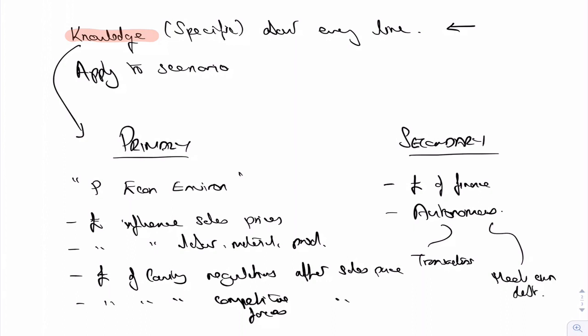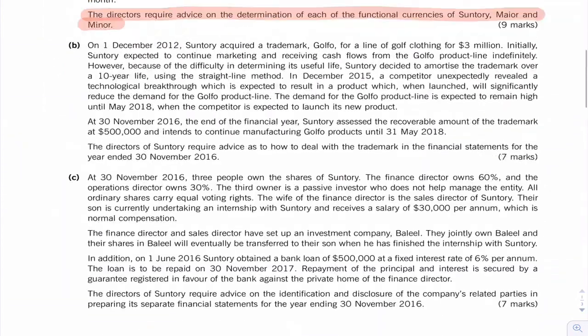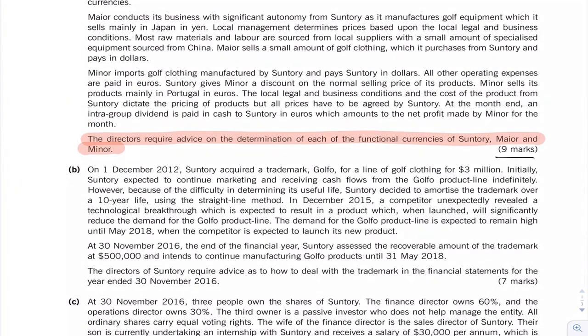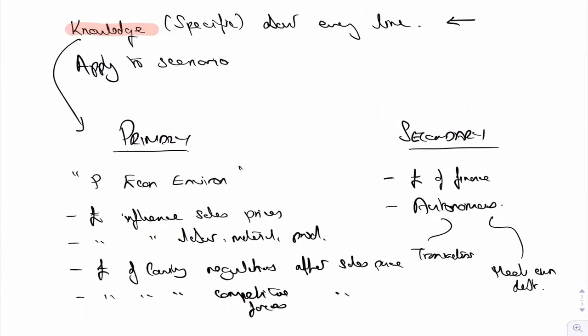Now that's all knowledge. Now, how many marks was this question? 9 marks. Okay, so I don't want to go over the top. This is going to be worth maybe 4 or 5 marks, all right? So if you get the knowledge bit right in this question, you probably passed already, or you're pretty close to passing anyway. There might be slightly less, but don't spend too long on it.